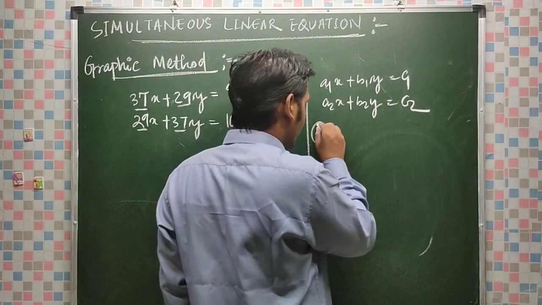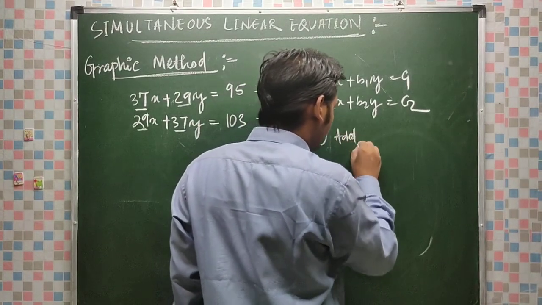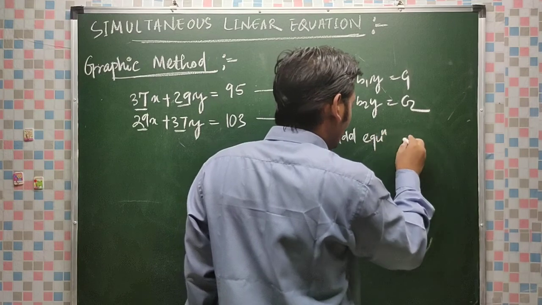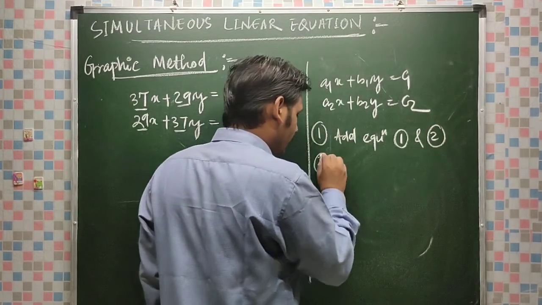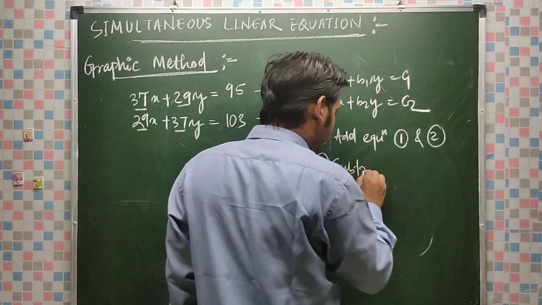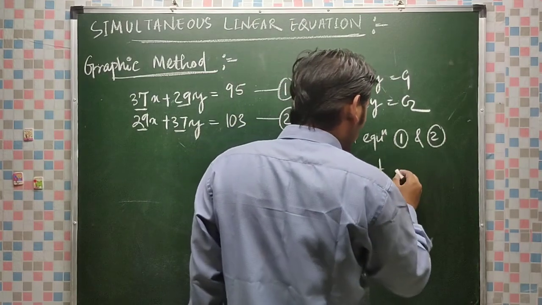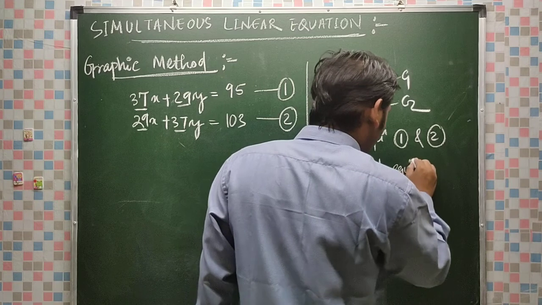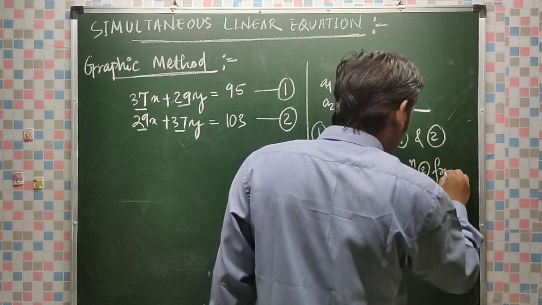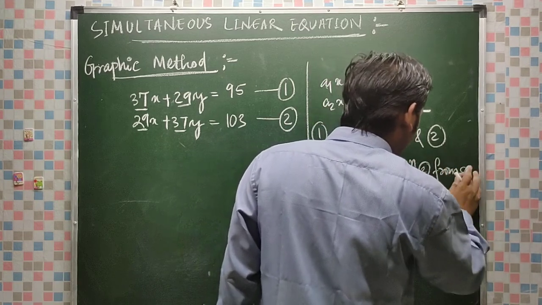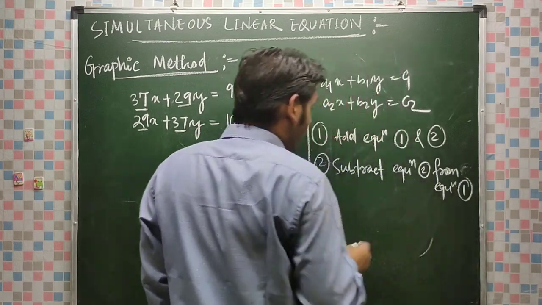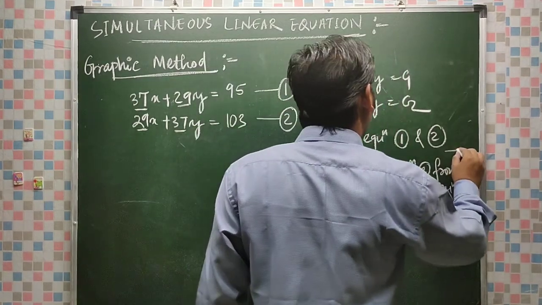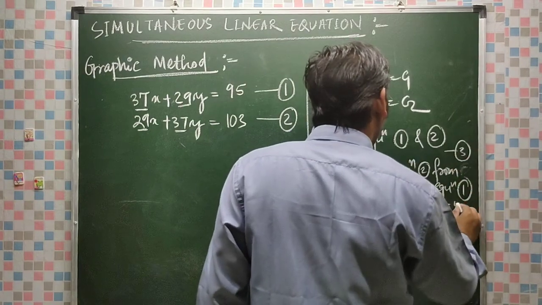First step, add equation 1 and 2. Thereafter subtract equation 2 from equation 1. So now you will get equation 3 here, and equation 4 here.